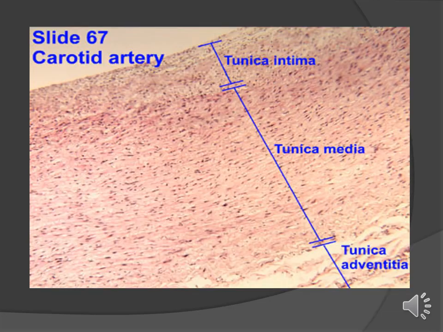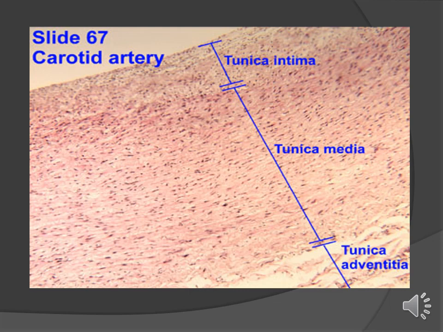We can see here a longitudinal section of the carotid artery. This is a microscopic slide. The carotid artery has the histological characteristics of elastic arteries. Thick tunica media contains multiple layers of elastic lamina that are organized in concentric fashion.